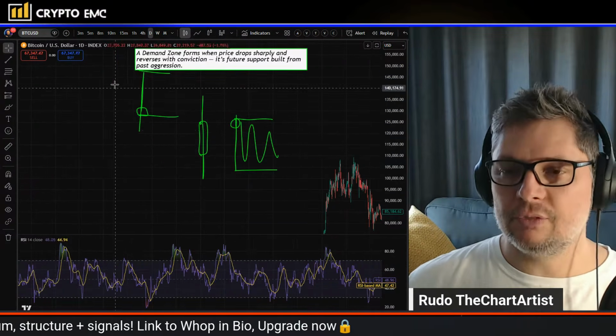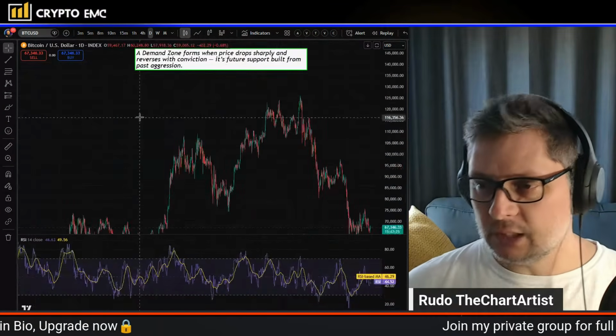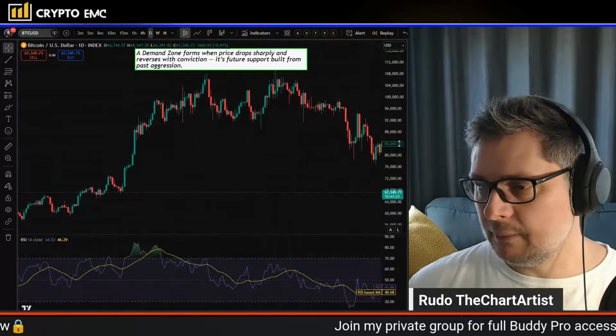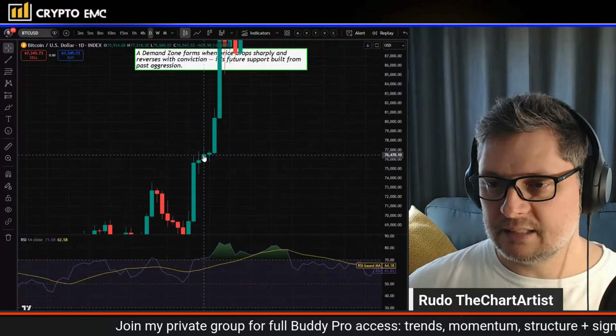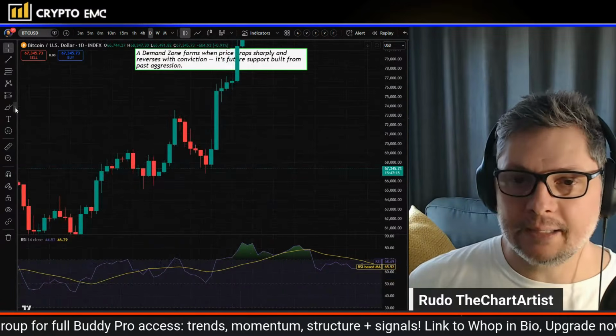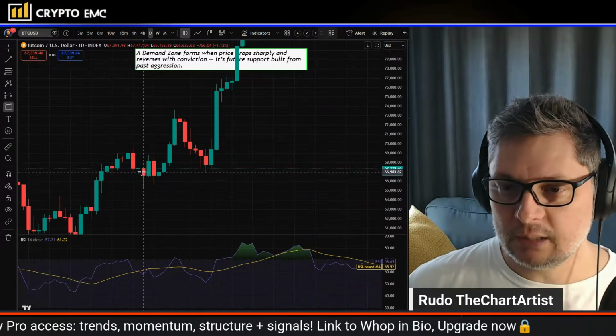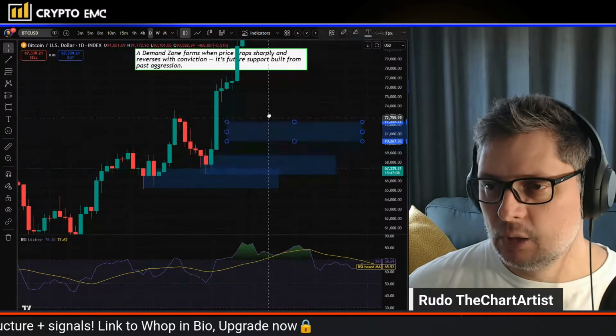But now, if that is the case, and this is how we draw them, especially if you're new to trading, you're going to find those candles everywhere. And this is the trader mistake. So there's a supply zone, there's a supply zone, there's a demand zone. You know, which is which? Now you end up with a chart drawn full of demand zones and more demand zones and more demand zones.